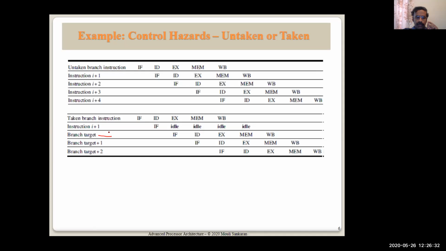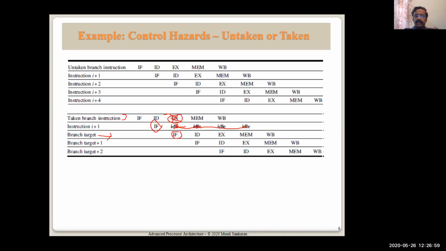Suppose it is moving to the new branch instruction which is being accessed here. During that time, this instruction which is there should have moved to the EX stage, but it is not doing anything. Similarly, this instruction at PC+4 should not have been fetched, but it is fetched, and should not be executed because it should not change the state of the CPU. So it is not going through actually. Hardware will take care that there is nothing happening.